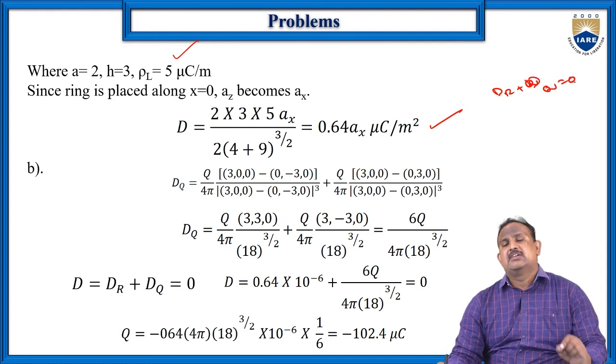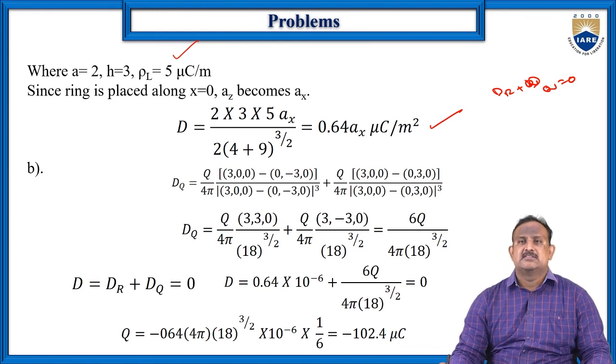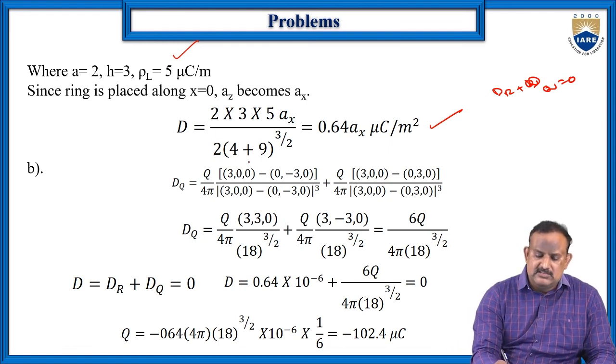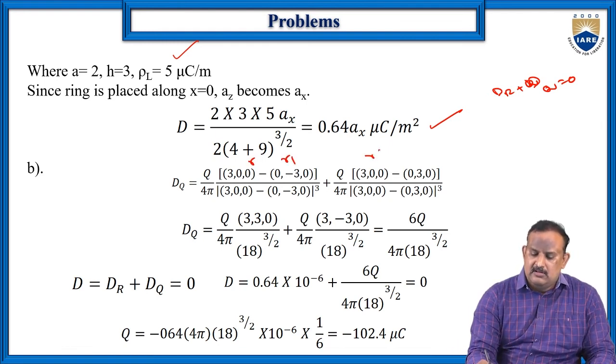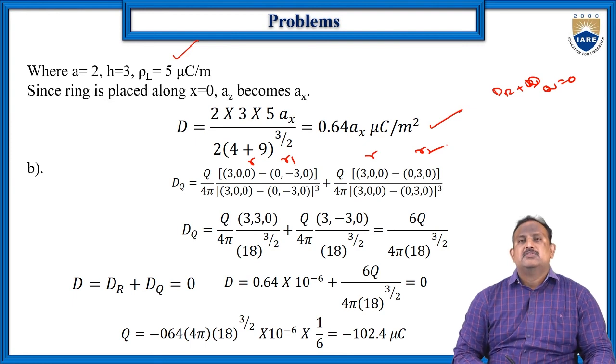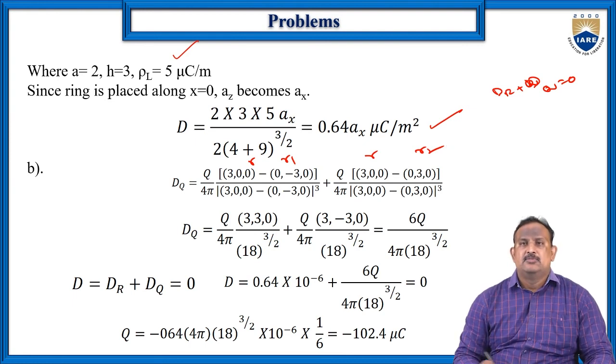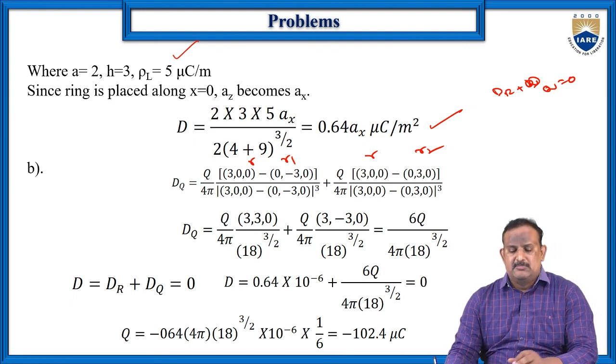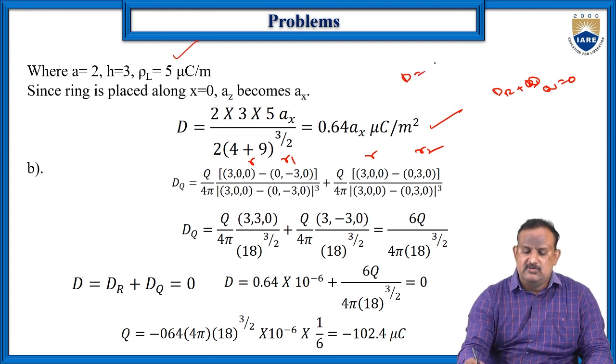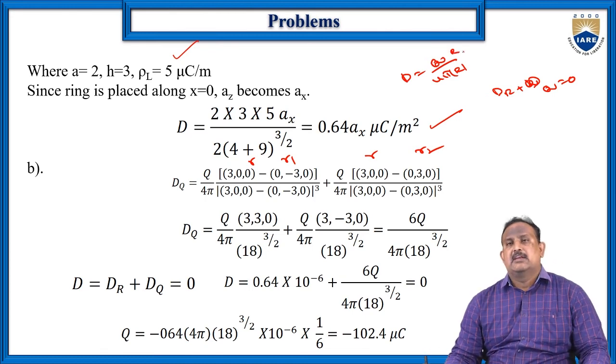We need to find out the electric flux density due to point charge. So here there are 2 point charges as given. So the electric flux density due to 2 point charges, it is R, R1, R, R2. The formula is D is equal to Q by 4 pi modulus of R vector by modulus R cube.